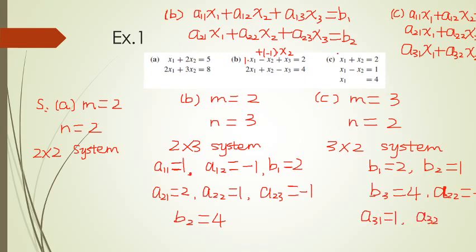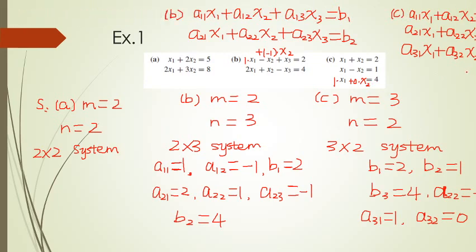How about A32? Here you can take the third equation as 1 times x1 plus 0 times x2, right? We do have the variable x2, but the coefficient A32 is 0, especially. So for part C here, we take A32 as 0.